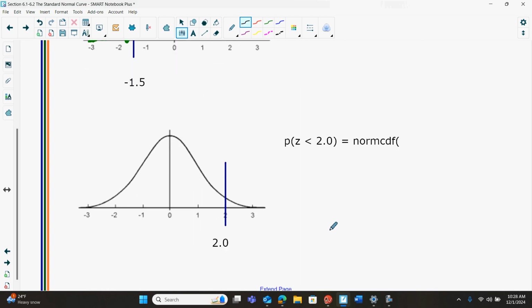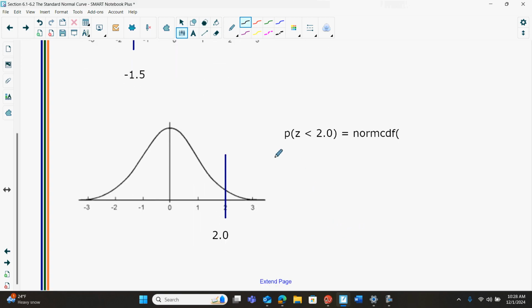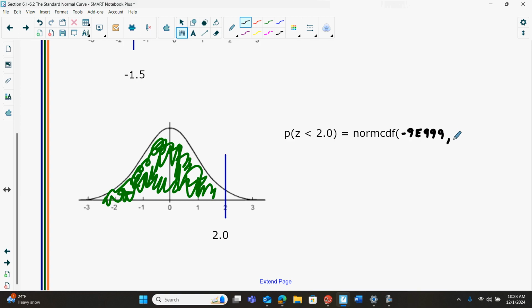Now I want the probability of a z-score being less than 2. Again, that is this whole area here. You could have done this one before using the sections in chapter 2, but now you have a calculator command that's going to be really nice. Again, the 4 values: your lower bound, once again, is negative 9E999. Our upper bound is 2, and then we're going to go 0 and 1.